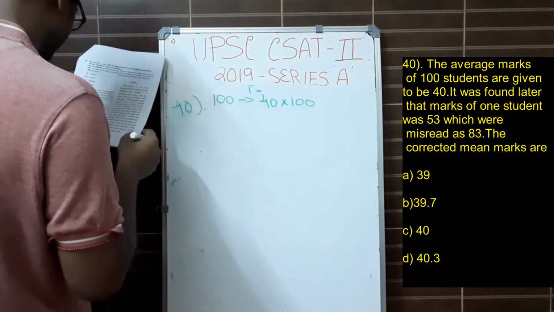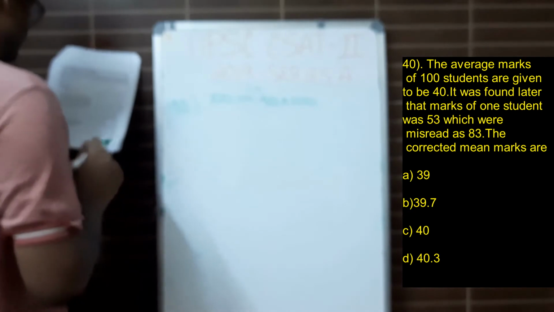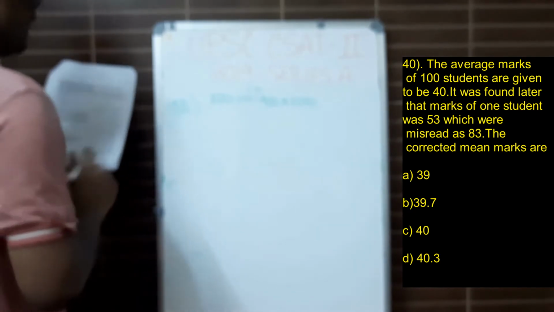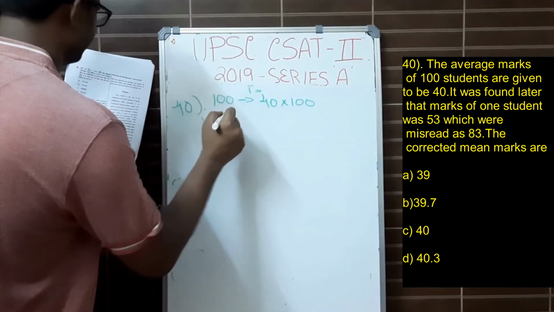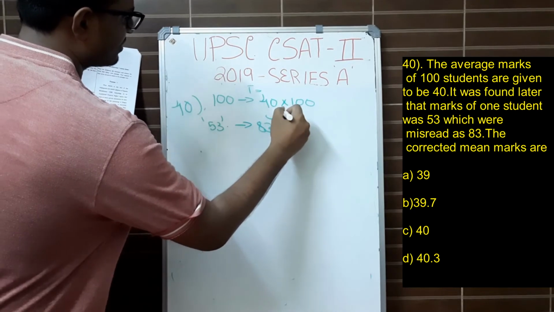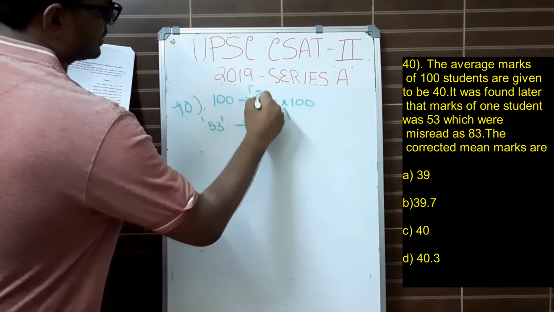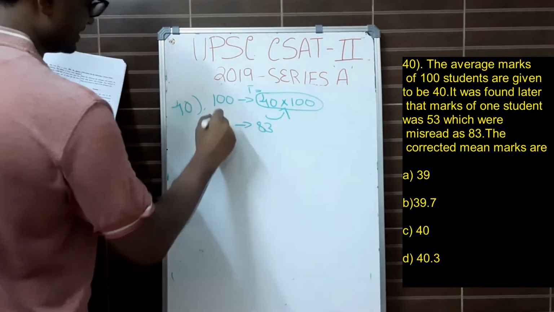It was found later that marks of one student were 53, but they were misread as 83. That means the actual number is 53, but it was misread as 83. So this 83 is a part of this 40 into 100, and the actual one is 53.